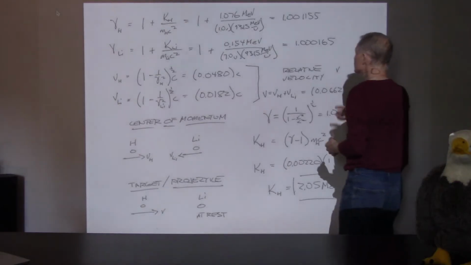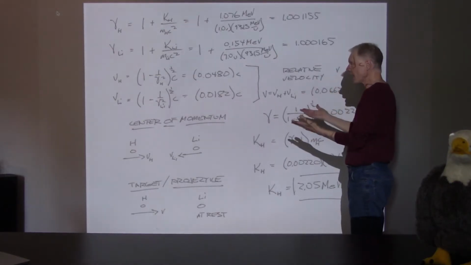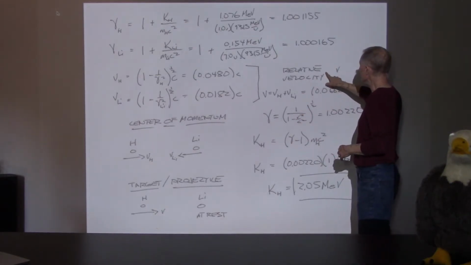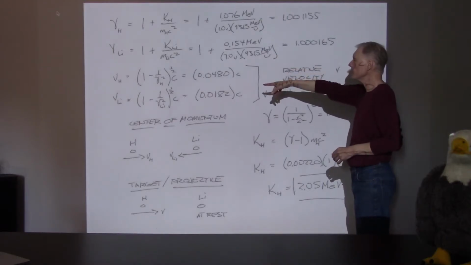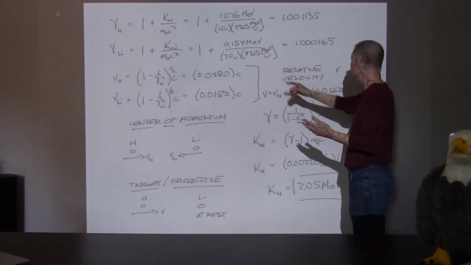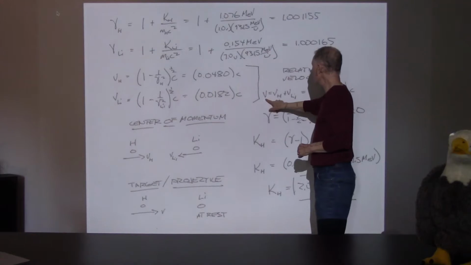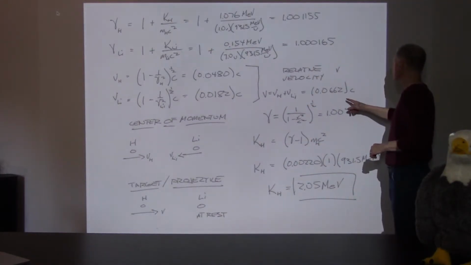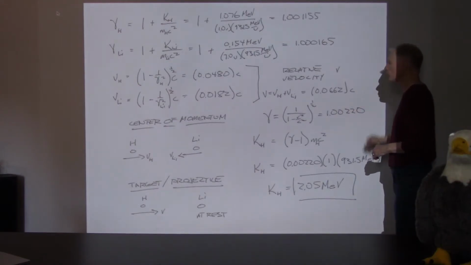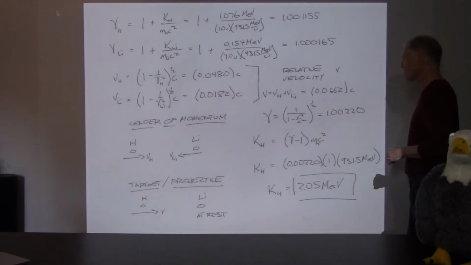What we can do is determine, when the reaction happens, the relative velocity between these two nuclei. And so the relative velocity between these two would then be 0.0662 times c. So I'm going to use that as a relative velocity.